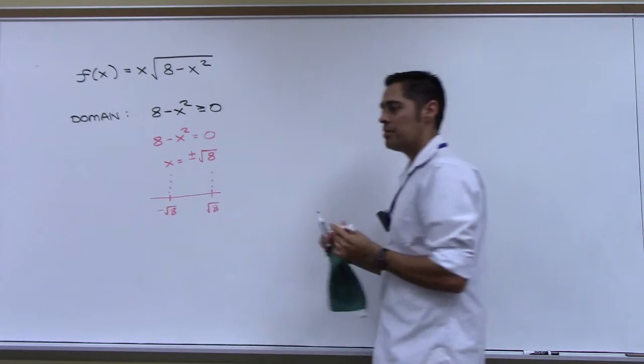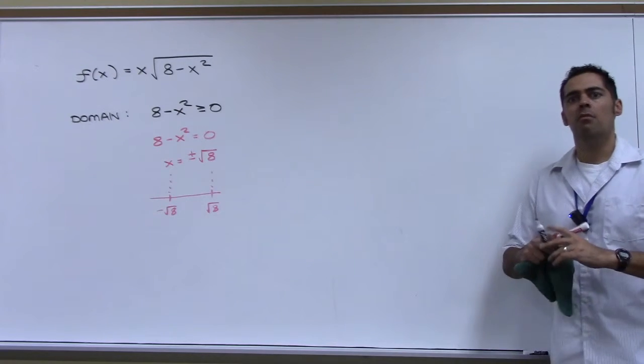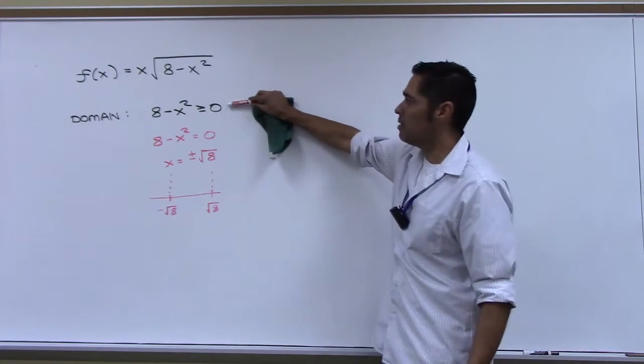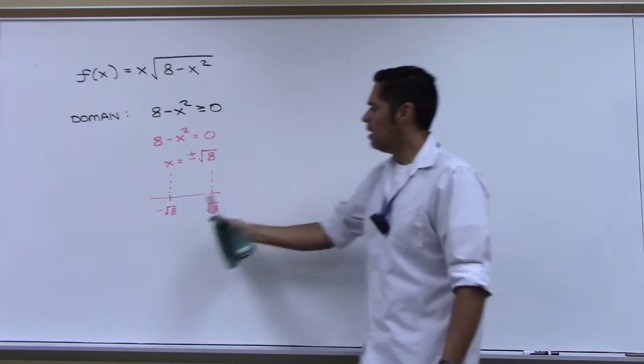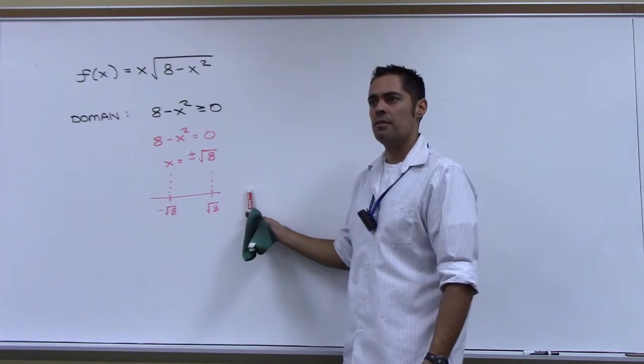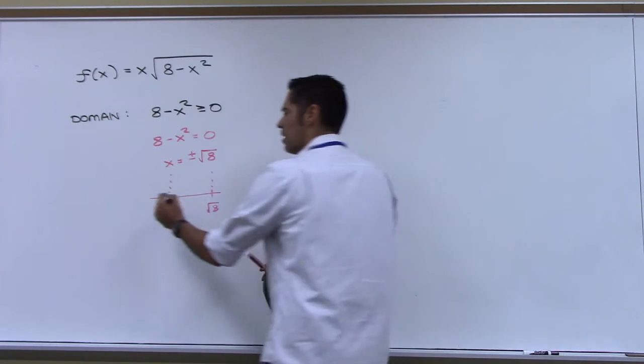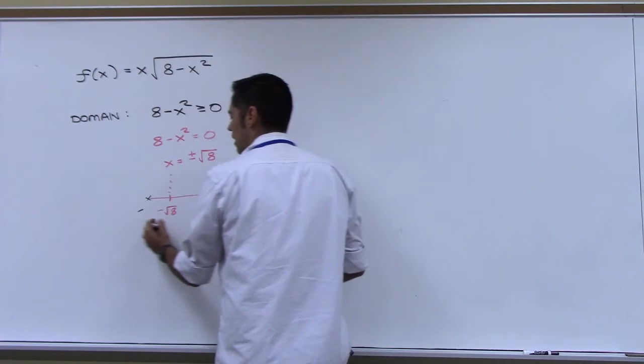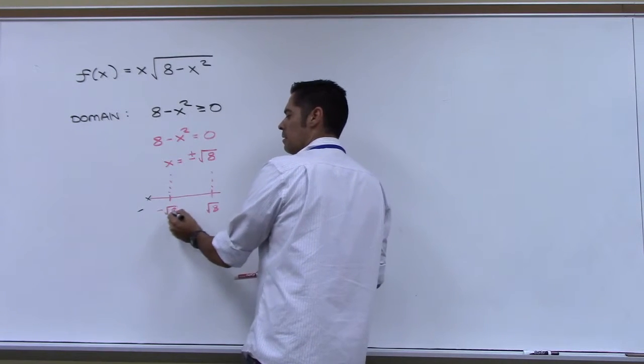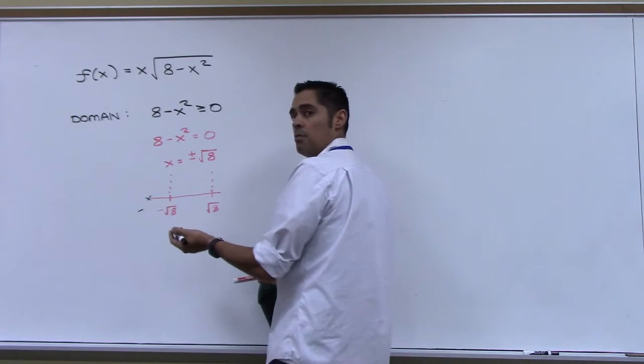Not doing any calculus yet. And I figure out whether or not this inequality is true or false in each of these three regions. So let me pick something over here. Negative 3 would work, right?